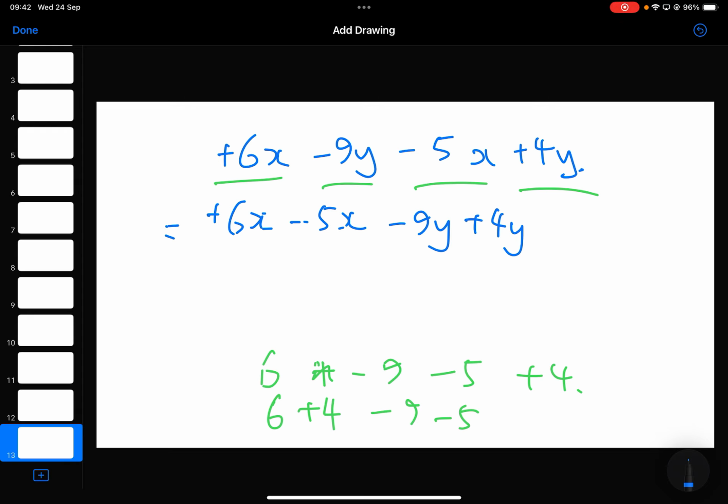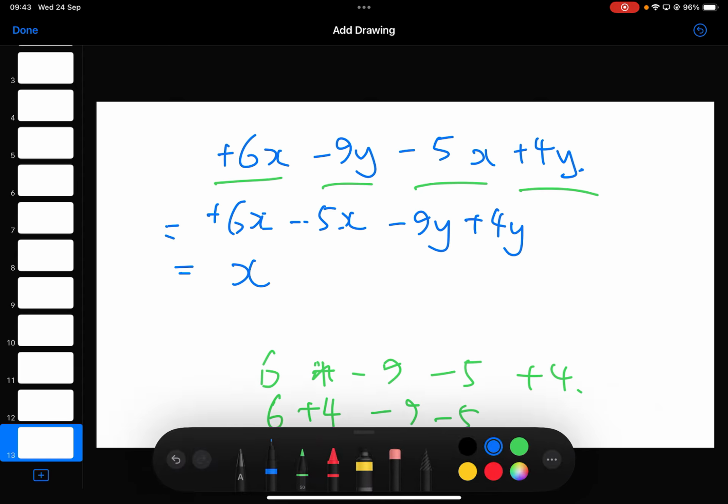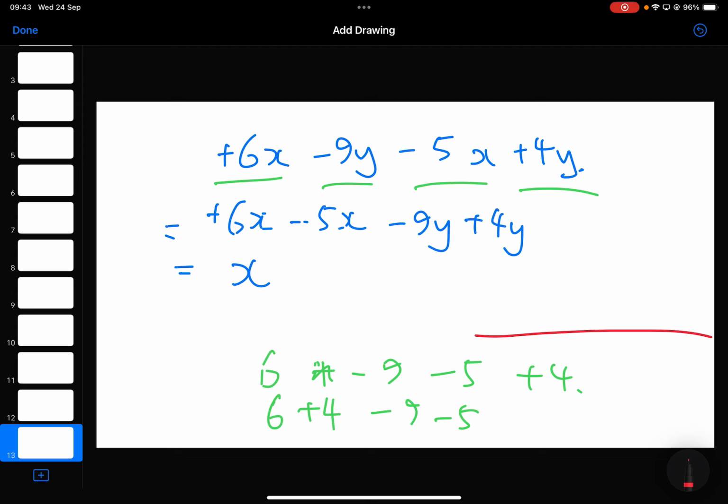So when I group them together, 6x minus 5x, it is just like 6 apples take away 5 apples, I am left with 1 apple. If I take away 9y, then I plus 4y. Got minus, got plus. So remember I told you all one good way to remember this is by remembering on the number line.